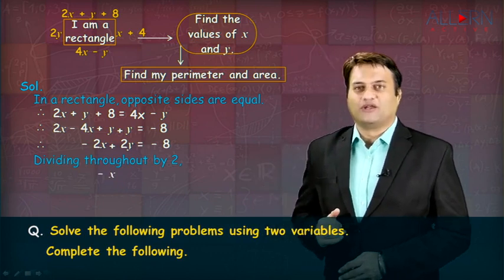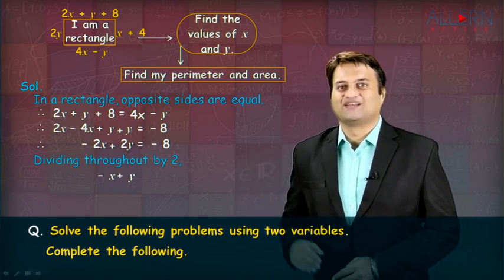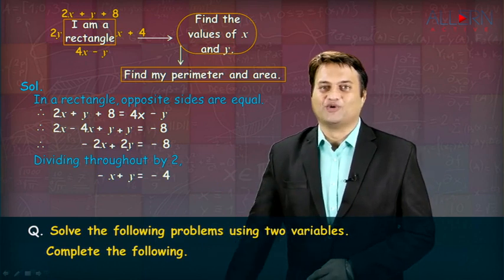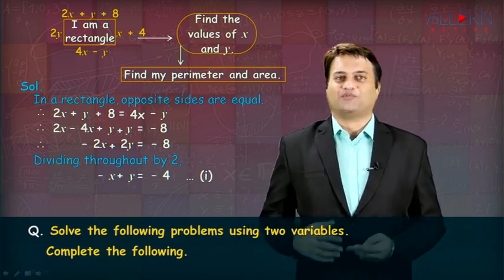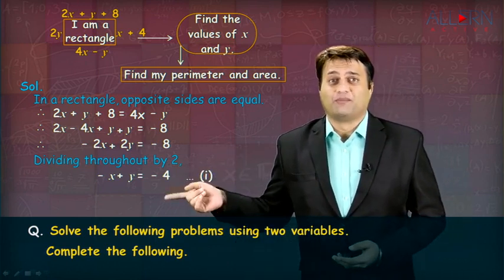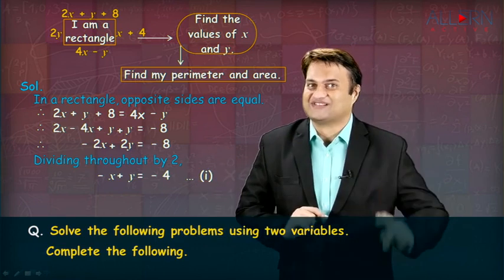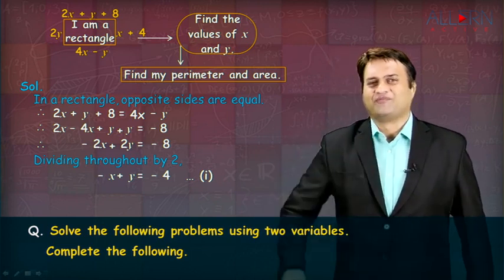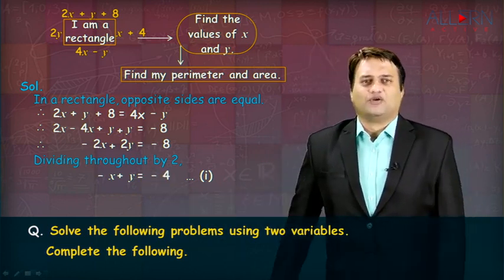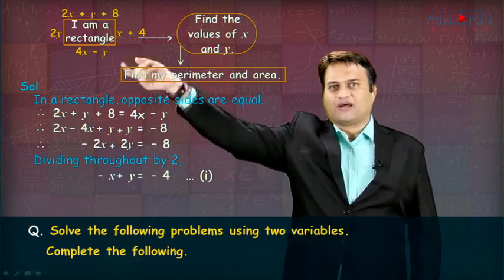Let's divide throughout by 2, we get minus x plus y is equal to minus 4. Let this be equation number 1. You can also divide throughout by minus 2, something we had done in one of the sums, if you remember, the 3-digit number sum, right? The choice is yours. Minus x plus y is equal to minus 4. We got the first equation by considering the lengths.